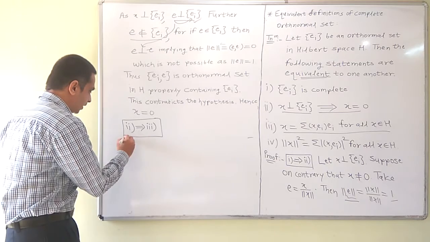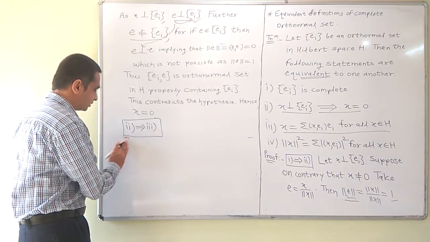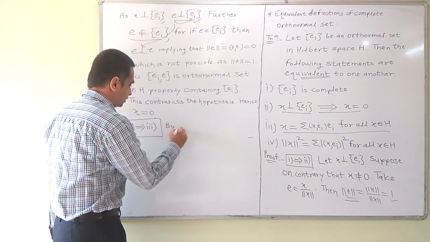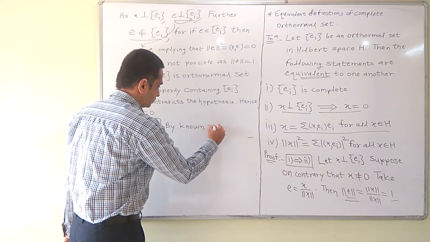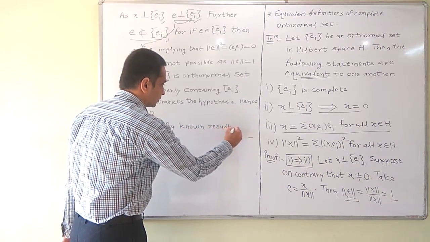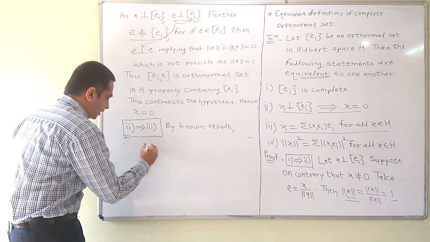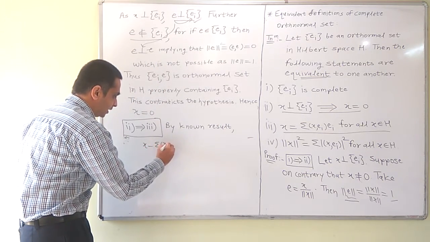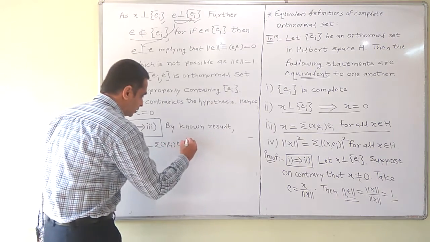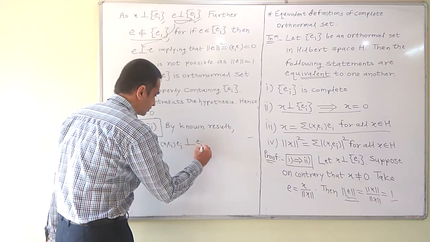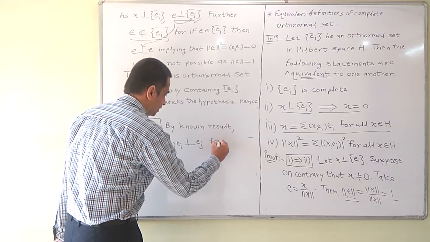So by the known result, the vector x minus the summation of <x, e_i> e_i is orthogonal to e_j for every j.